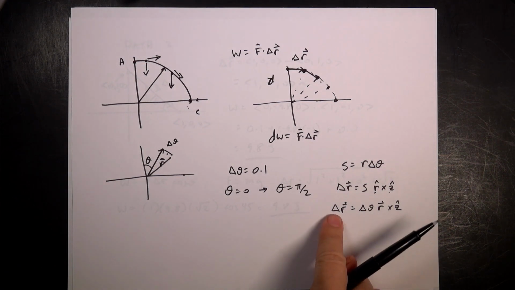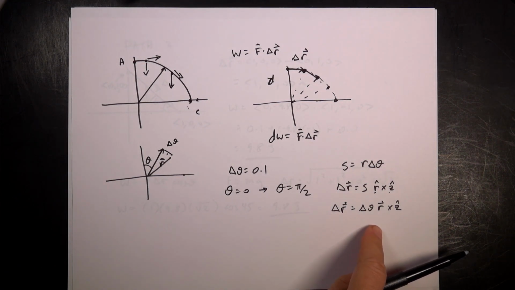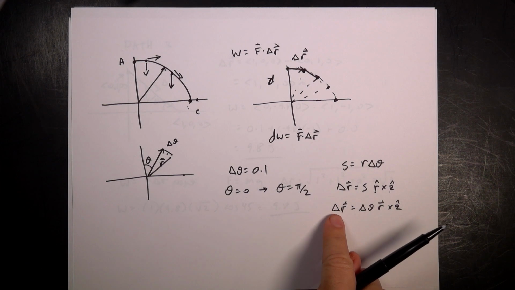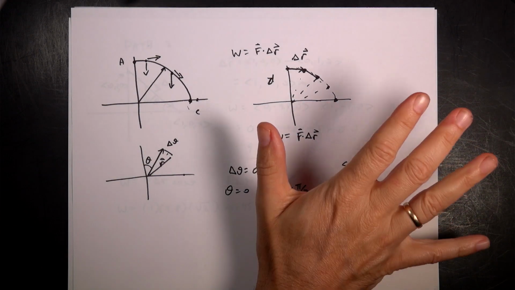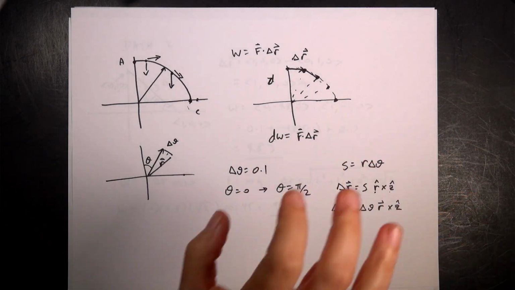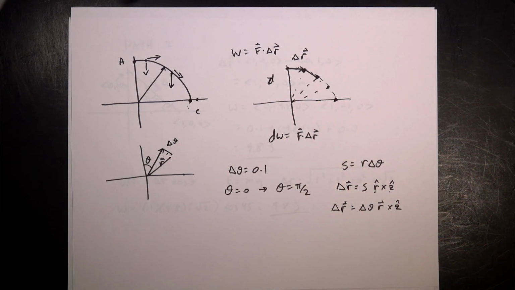So now we have a vector for that. And as we change theta, we change r, we can find new delta r. It might make more sense when we put it in Python, and so we can visualize it. But hopefully at the end, we should get a work done by adding up all the works of something close to 9.8. It won't be exact because we're making an approximation. Okay, so let's jump over here to Python.